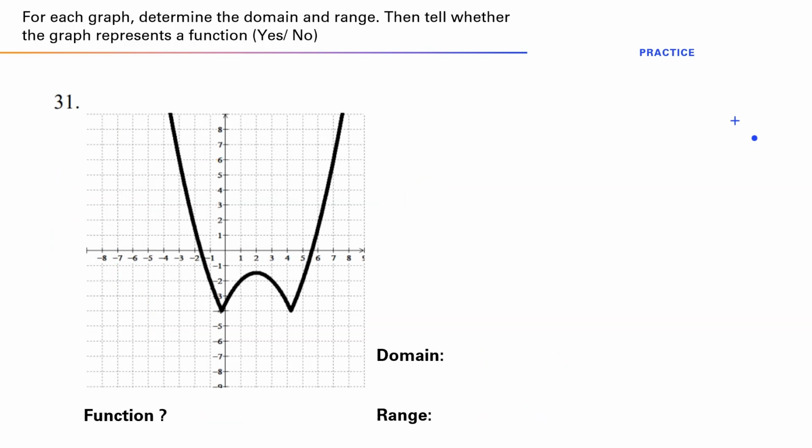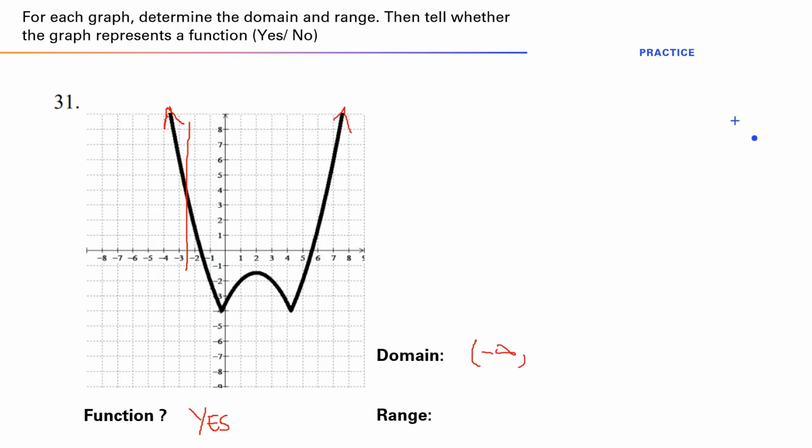So this one, is that a function? Yes, right? Because it passes the vertical line test. How about the domain? See for the x, most left, because this one runs forever, you don't know what is the most left one. So that will be negative infinity.